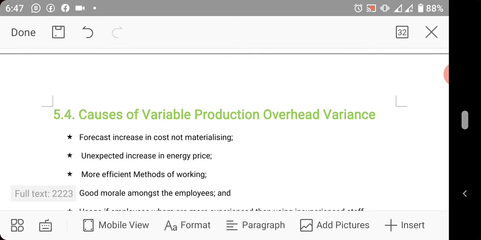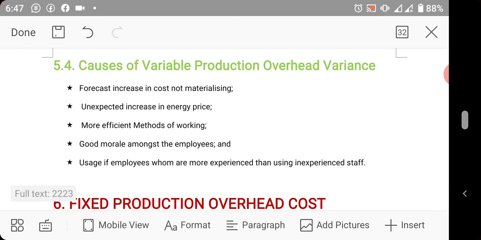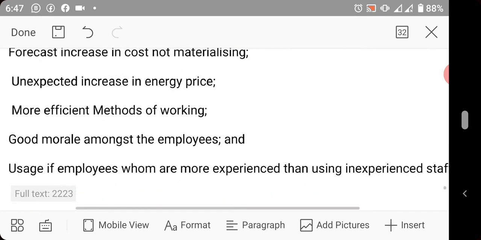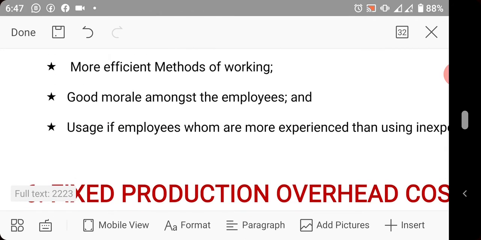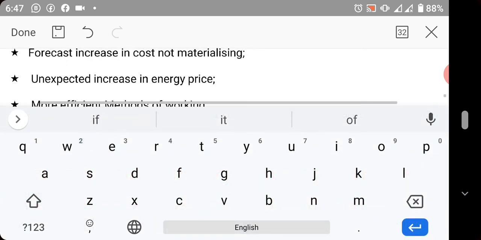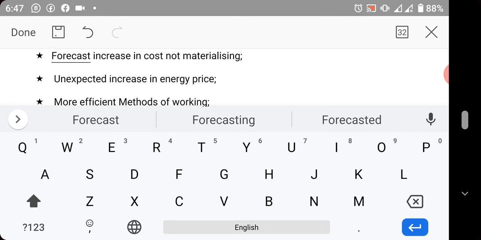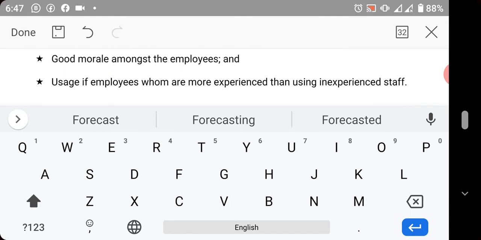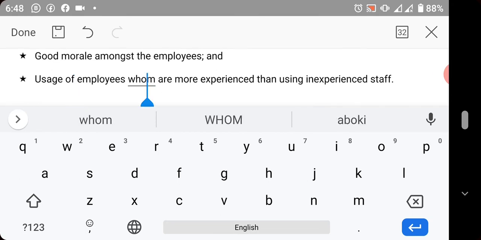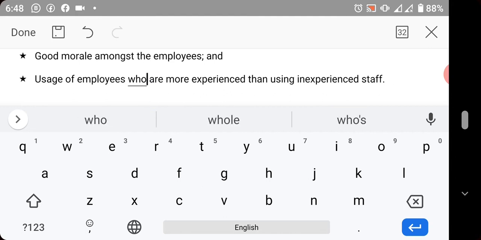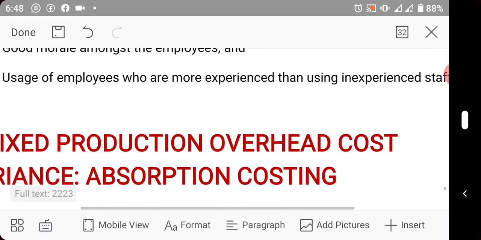What are the causes of variable production overhead variance? Forecast increase in cost, unexpected increase in energy price, more efficient method of working, good morale amongst employees, usage of employees who are more experienced than using inexperienced staff.